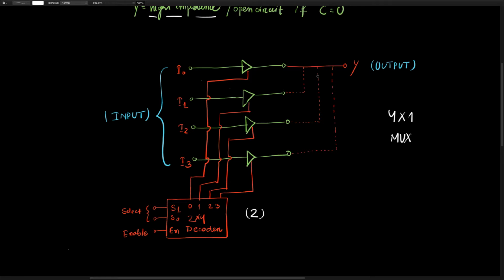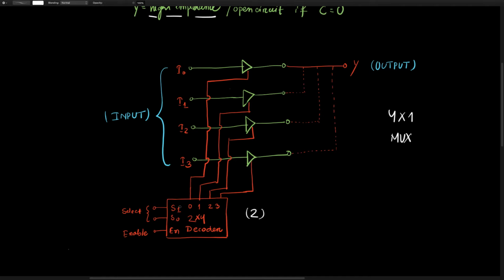You see, the input is connected to the output through this three-state gate. The decoder here is used to select any one of these three-state gates.